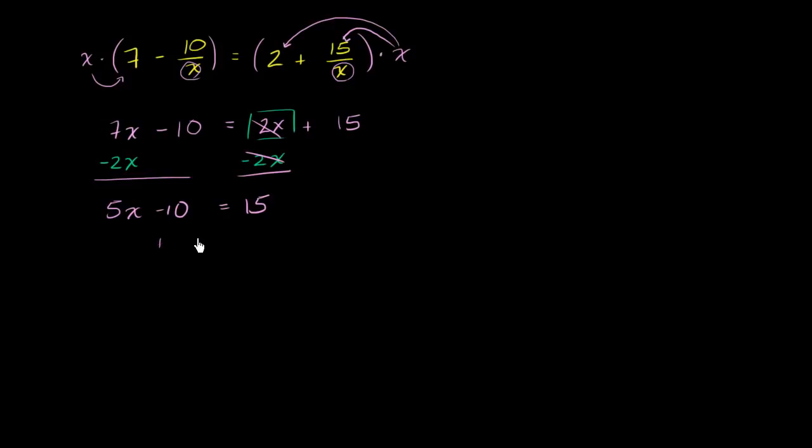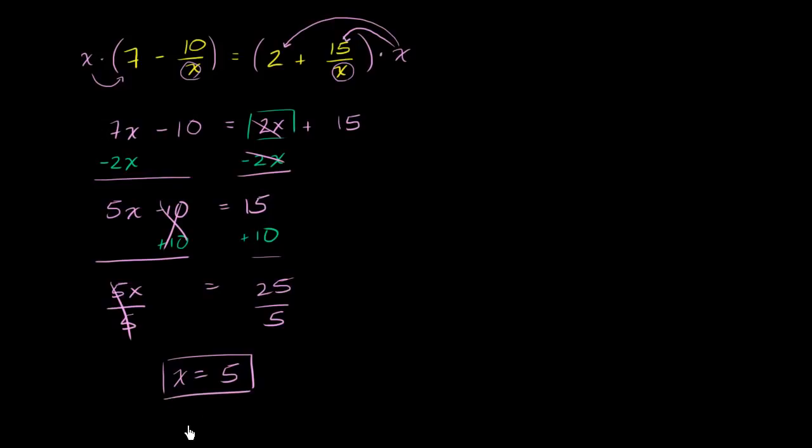I like that green color when I do stuff to both sides. So I can add 10 to both sides, and I am left with 5x, these negate each other, is equal to 25. And this is the home stretch. You see where this is going. You can divide both sides by 5. And we are left with x is equal to 5.